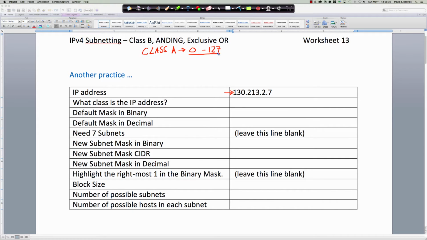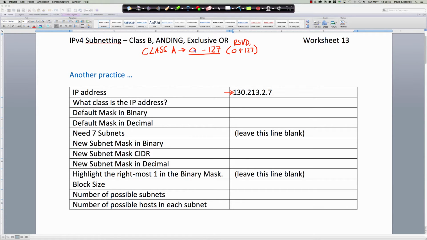It's 0 to 127, but keep in mind that 0 and 127 are reserved. So we'll put RSVD. Those are reserved, right? So you can't use any IP that begins with 0 or that begins with 127 for the purposes of trying to set up your host, right?